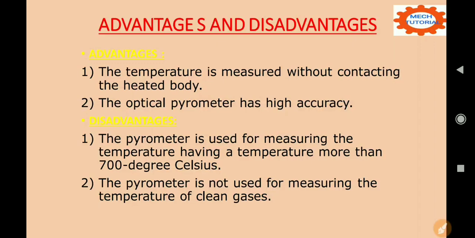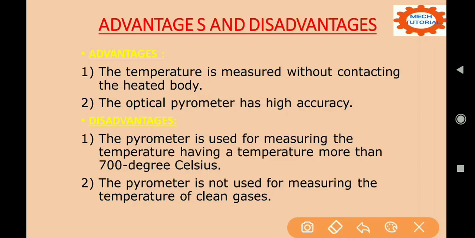The next point is the advantages and disadvantages of the optical pyrometer. The first advantage is that the temperature is measured without contacting the heated body. We already said that this optical pyrometer is a non-contact type because the temperature measured by this pyrometer is very high, above 700 degrees Celsius.